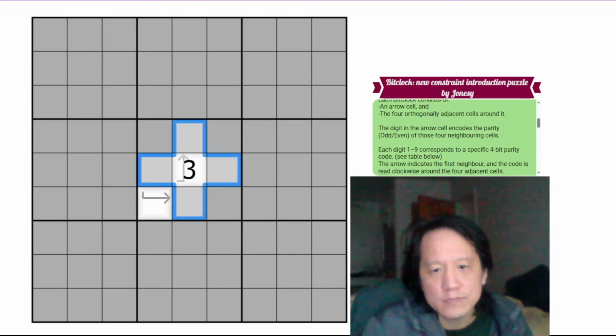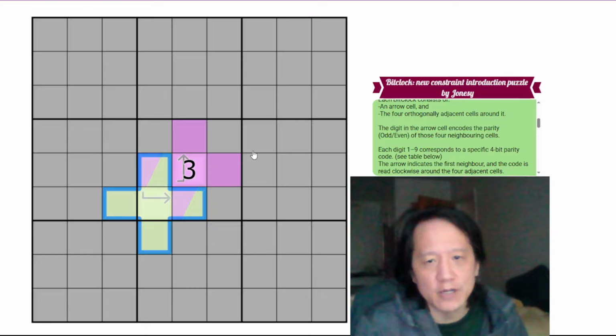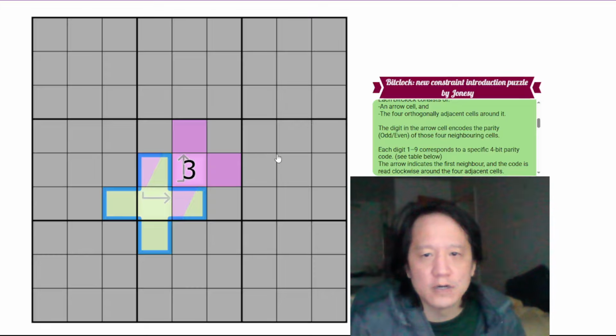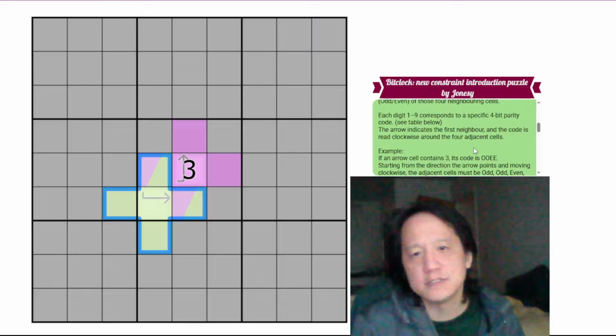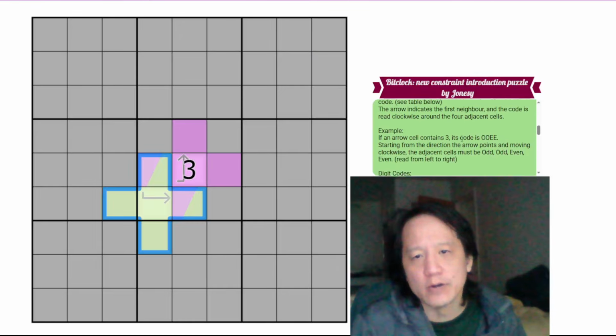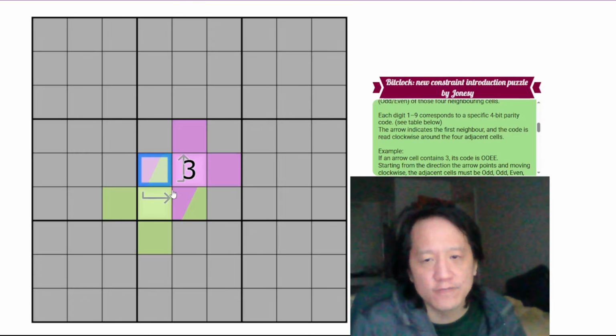The digits in the arrow cells encode the parity, which is the odd and even, of the 4 neighboring cells. Each digit 1 through 9 corresponds to a specific 4-bit parity code. See table below. And the arrow indicates the first neighbor, and the code is read clockwise around the 4 adjacent cells.